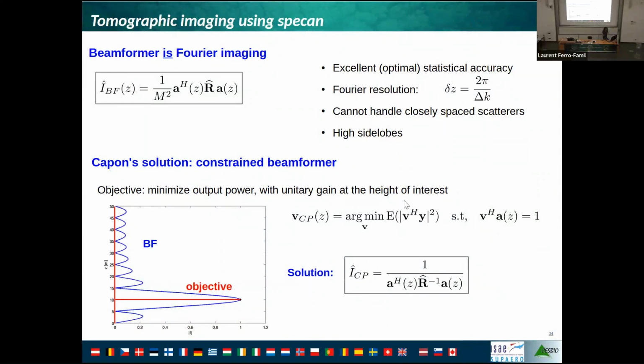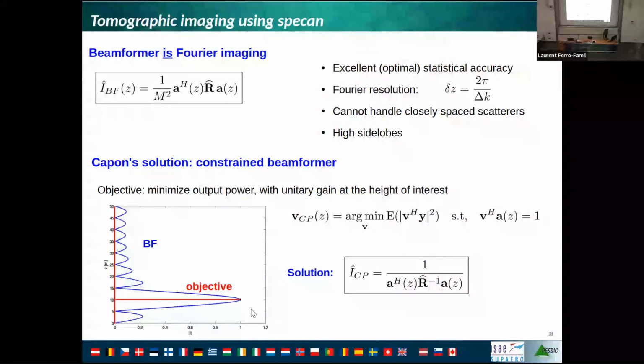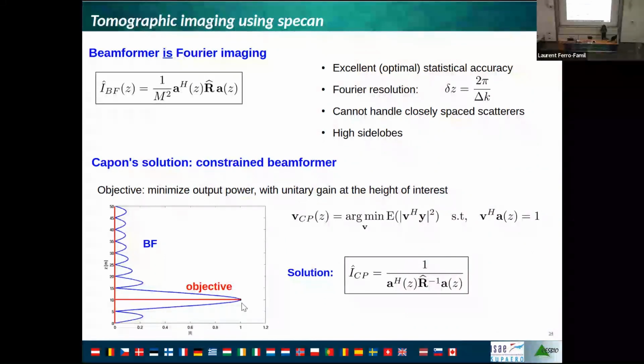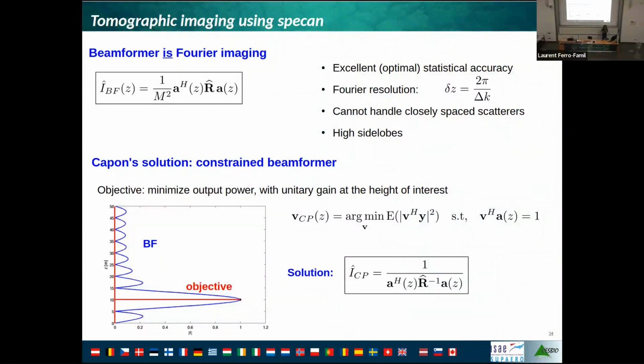I want to minimize the output, but I want to maintain a unitary gain at a given elevation. So what I have in blue is the response I have when I apply the beamformer, and in red is what I am looking for when I apply the Capon filter. I would like the result of the analysis to be like the red one. Of course, I will never reach it, but this is the objective, okay?